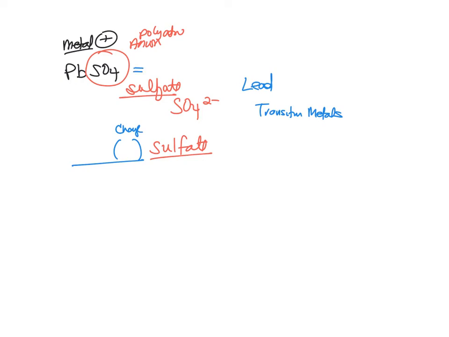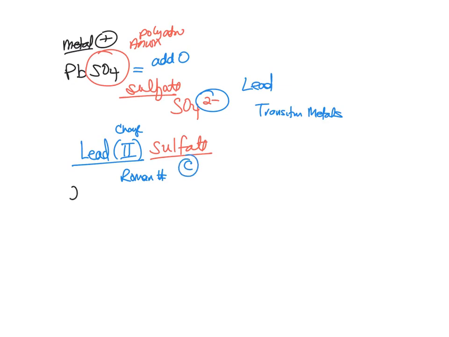The plus and the minus have to add to 0. So if this is a 2 minus, then we need a 2 plus. Then you put a Roman numeral, which is the charge, and you just write lead. So it's lead(II) sulfate, and you see that is C.